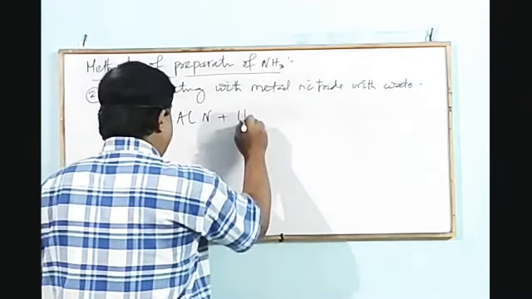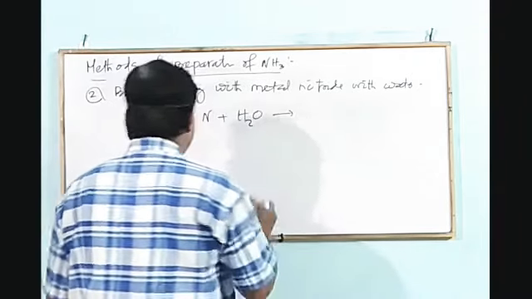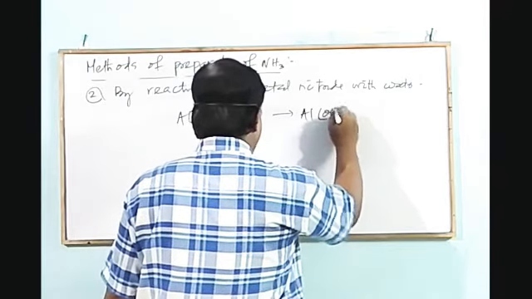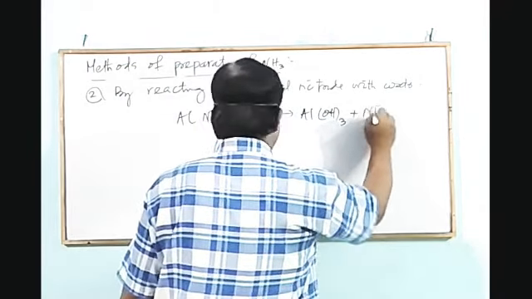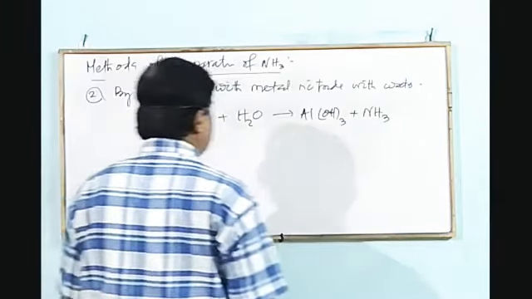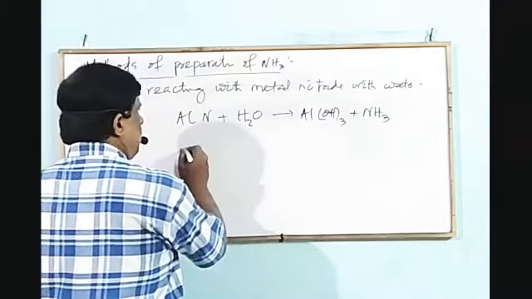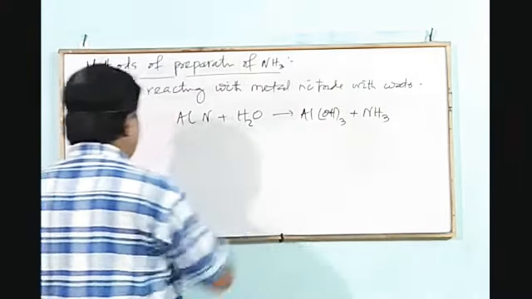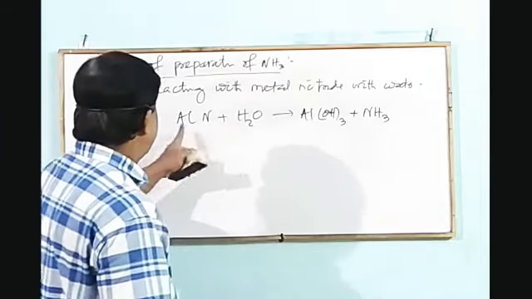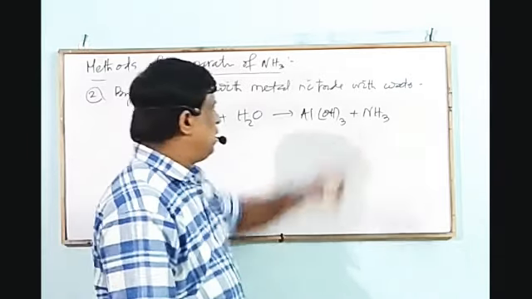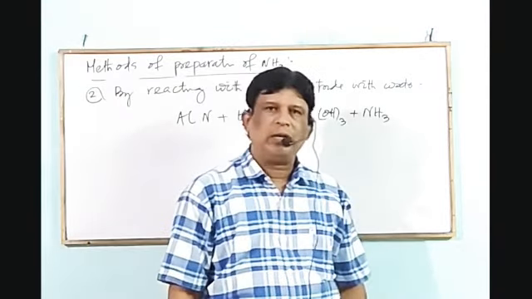Aluminium nitride plus water gives rise to aluminium hydroxide plus ammonia. That means when a metal nitride reacts with water, it results in the formation of ammonia.